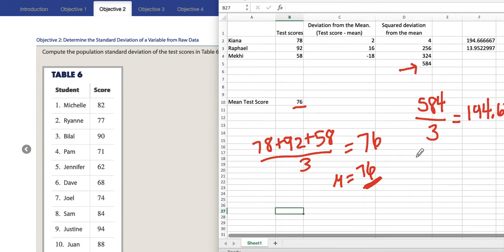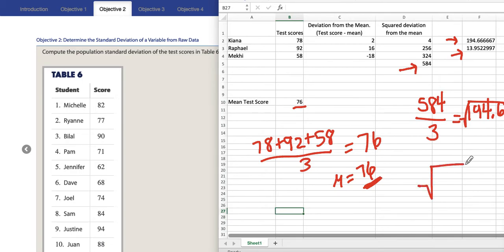And then the standard deviation, we just take the square root of the variance. So we can do that on a calculator.